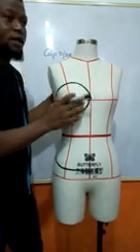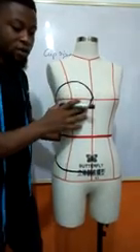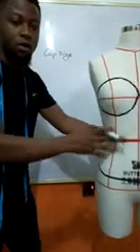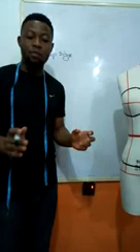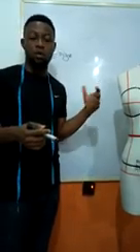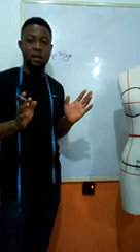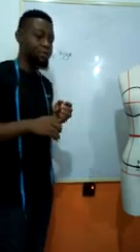But in this intermediate class, what I want to teach us is how to draft the freehand method, which you can actually use. If you are able to get it well, you can wear the top or the gown, whatever, without a bra inside. You're going to pad it nicely and sew it nicely so that you can wear it without a bra inside.